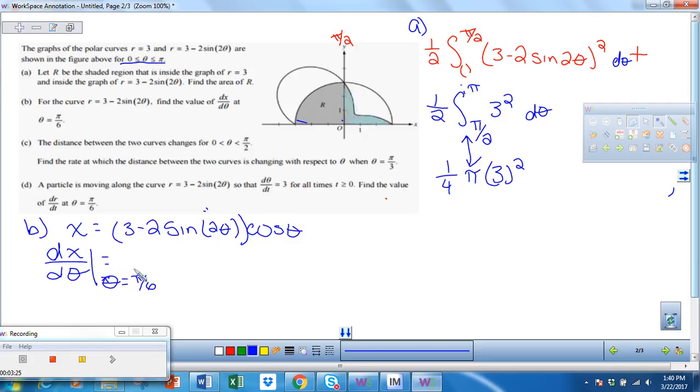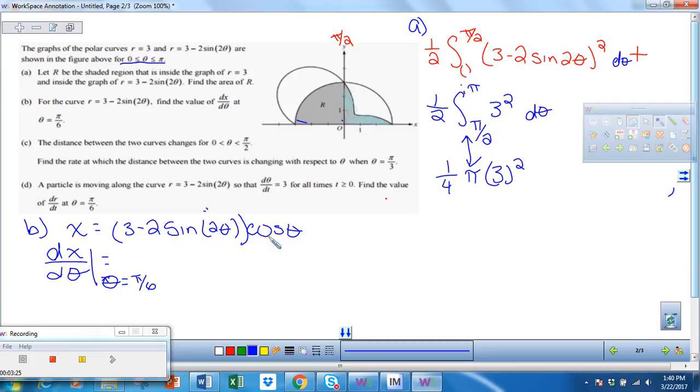Now, you can also do this on your calculator. Do you know how to do it on your calculator? In rectangular mode, in function mode. Put this in y1. Make sure you put parentheses around all of the 3 minus 2 sine 2 theta, double parenthesize this, if you will.